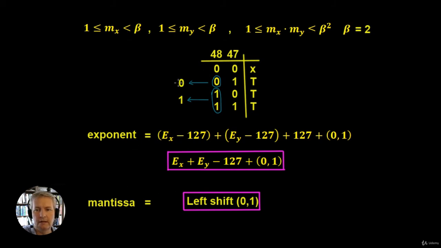So we can see here that if the 48th bit is a value of 1, then we're going to have to add 1 on to the exponent value, and we're also going to have to shift the mantissa 1 decimal point to the left.